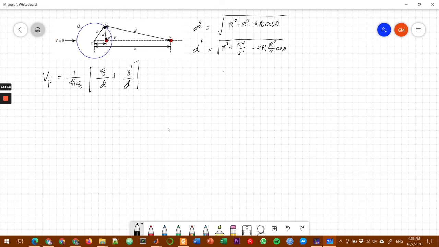Then substitute the d prime of d. I have q and then the square root of this whole expression.